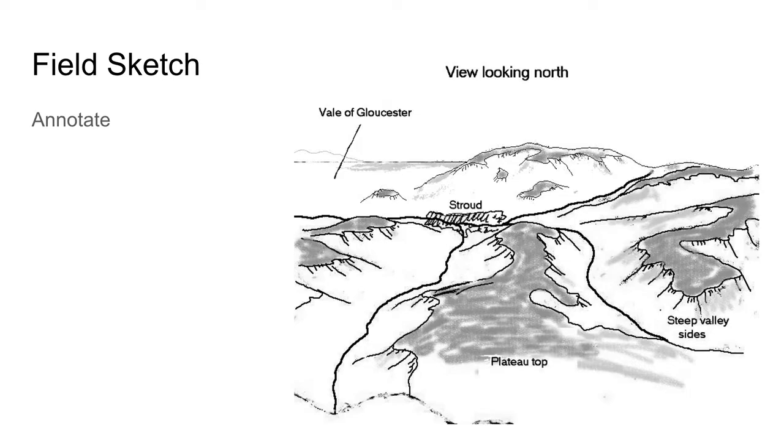Draw the outline, draw a field map, draw a sketch map, annotate, write on why, write your observations, detail it, scribble all over it, write that information on, and the combination of the visual and the written will provide you with a really good source of information when you get back to class, when you get back to wherever it is you bring all that information together. So a field sketch or a field drawn map with annotations will provide you with a really good amount of information.